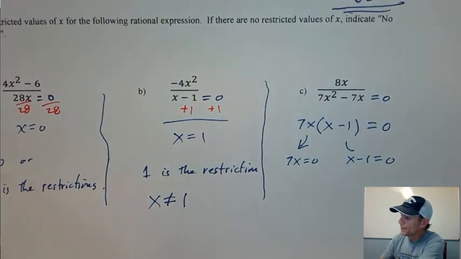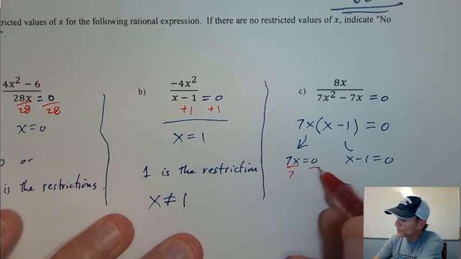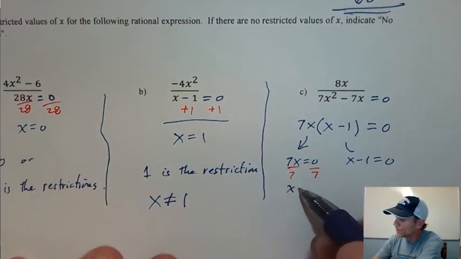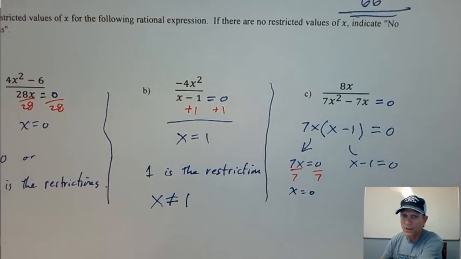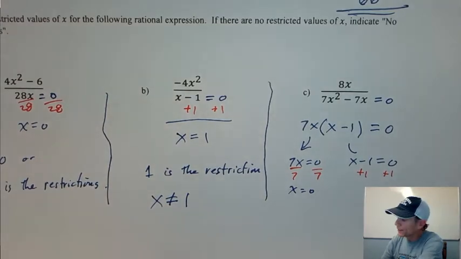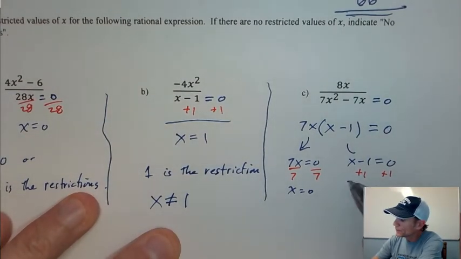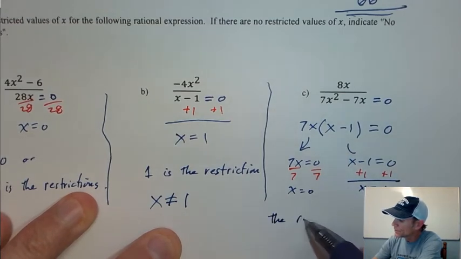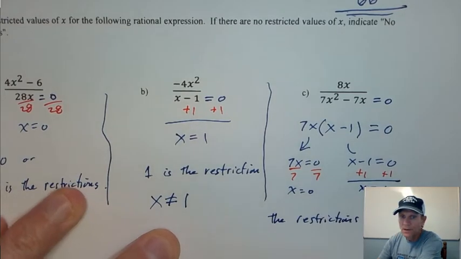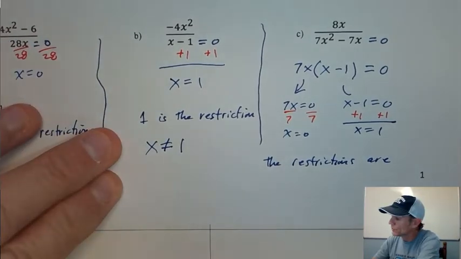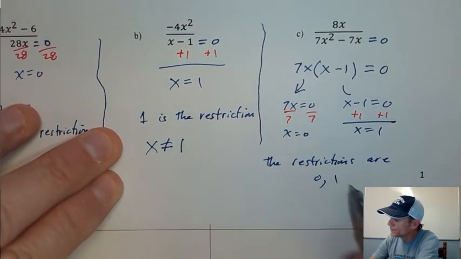And again, you're probably getting pretty quick at the solving at this point. Here we get x equals 0, and then we can add 1 on this next one, and we get x equals 1. So we get two restrictions. The restrictions are 0, comma 1.